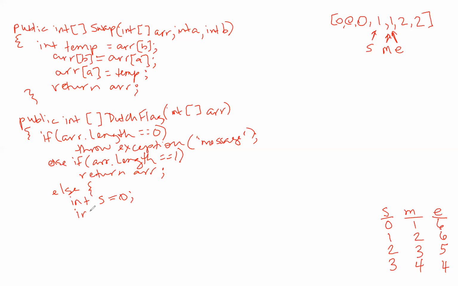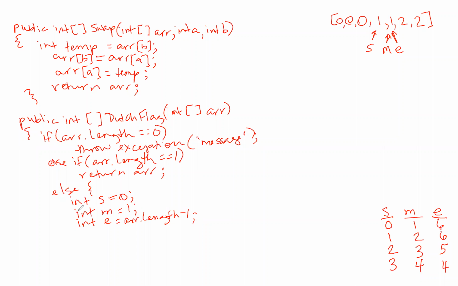We have int m, and that's going to be 1. And we have int e, and that's going to be array.length minus 1, not plus 1. All right, length minus 1.